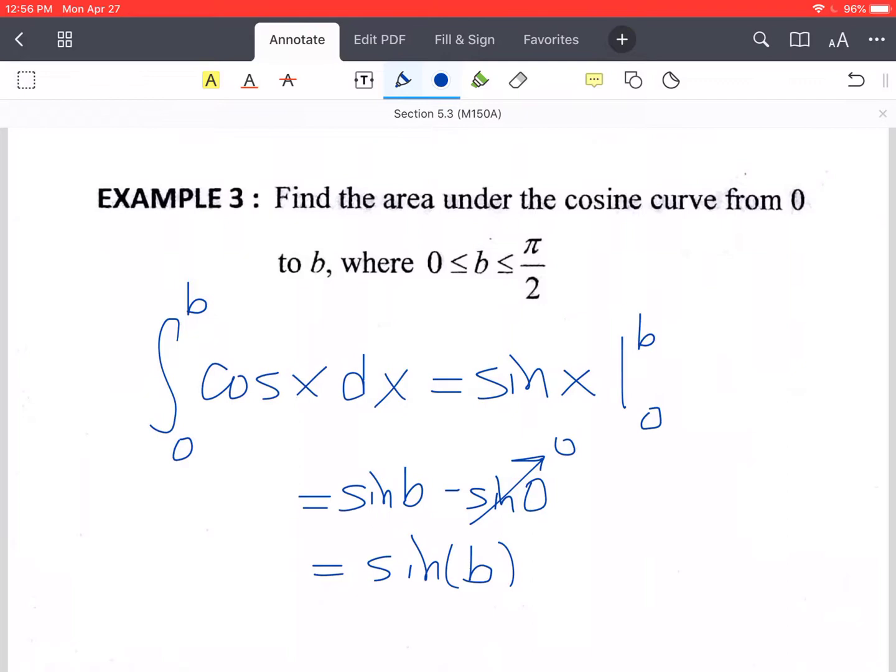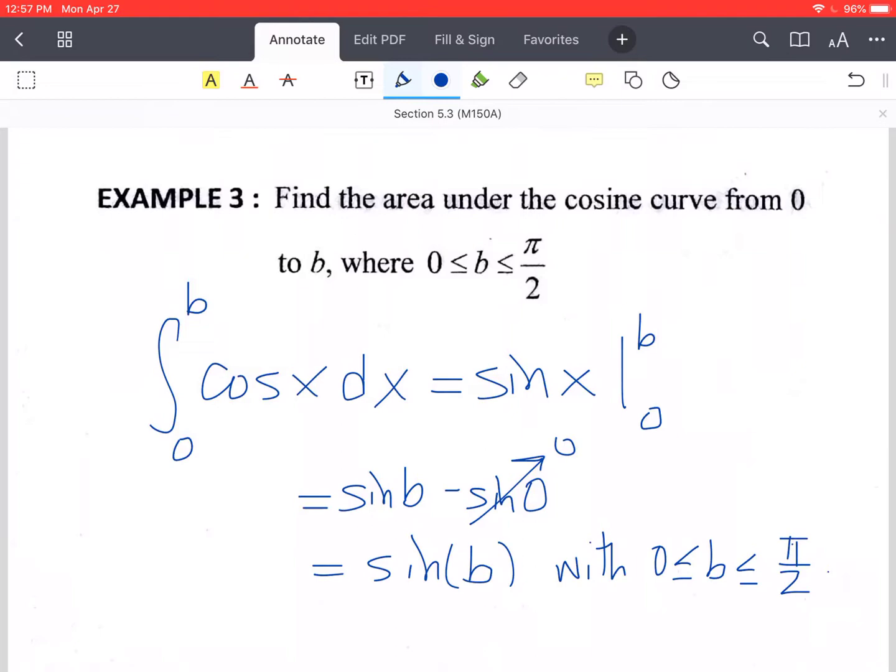So the area under the cosine curve from 0 to pi over 2 is going to be whatever the value is of sine of b, with b between 0 and pi over 2. Okay, so for example, the area under the cosine curve from 0 to pi over 4 would be sine of pi over 4, which is root 2 over 2.